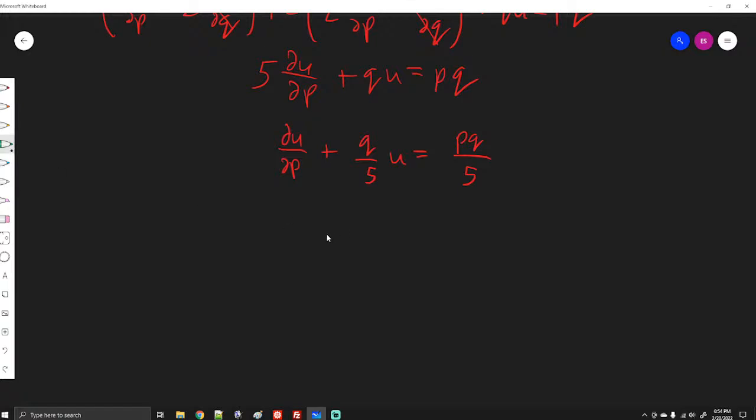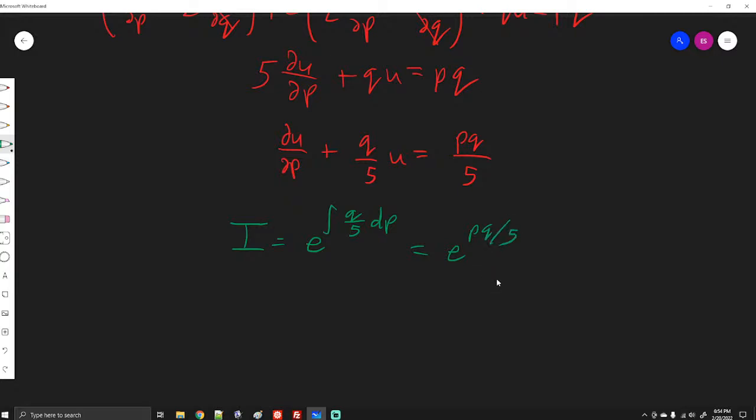Now I'm going to use an integrating factor, I. So I equals e to the integral of the coefficient of u. So it's going to be q over 5 dp. q is treated as a constant, so this evaluates to e to the pq over 5.